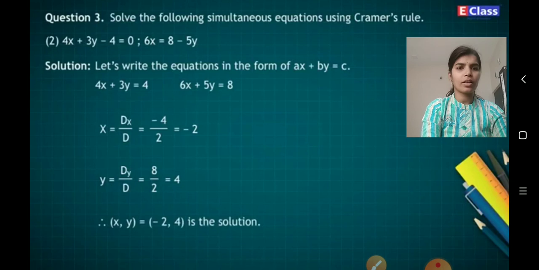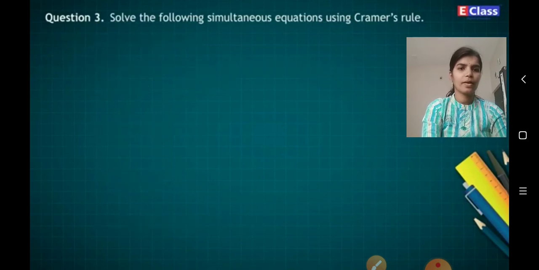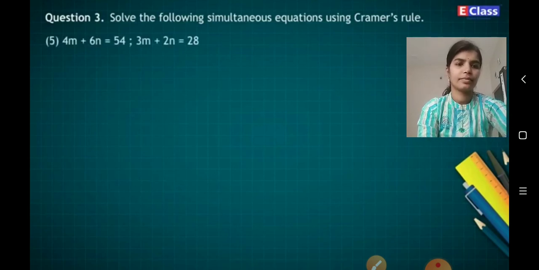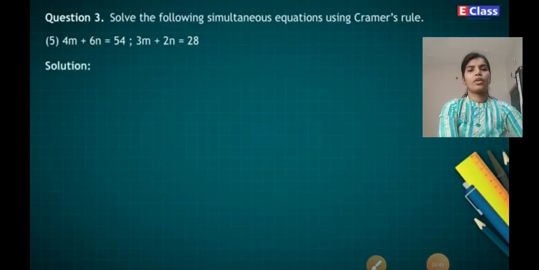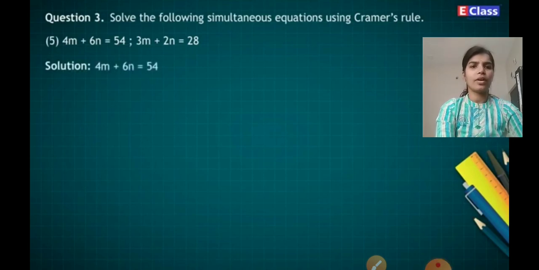Understand how to solve simultaneous equations using Cramer's rule. Then we take another example. The first step is to write our equations in standard form.